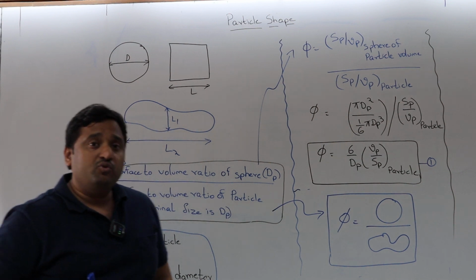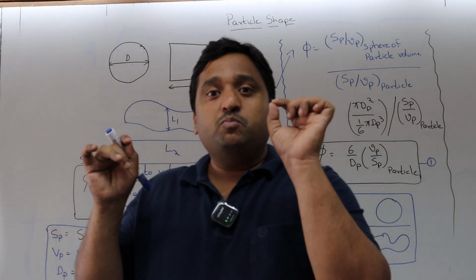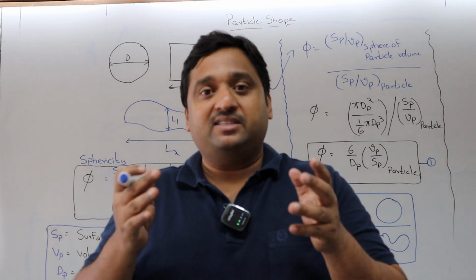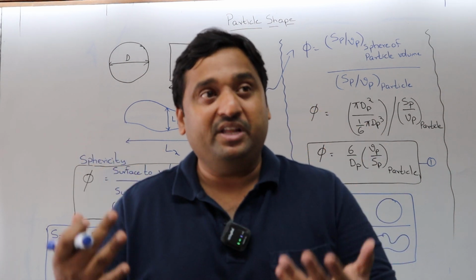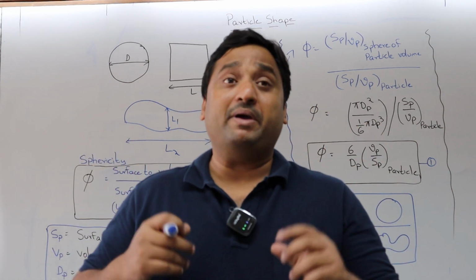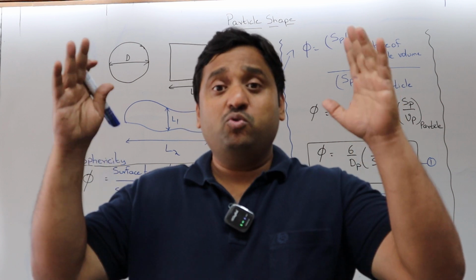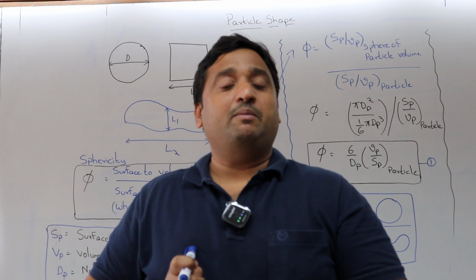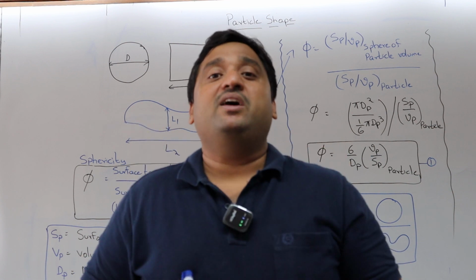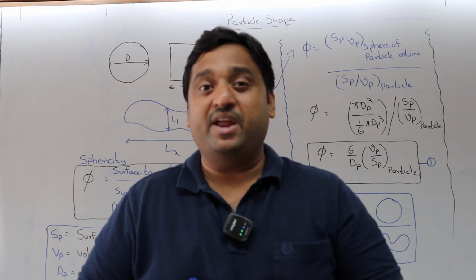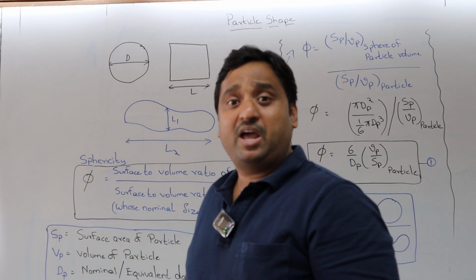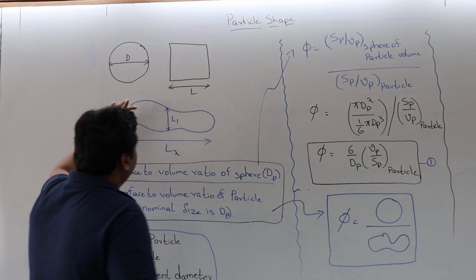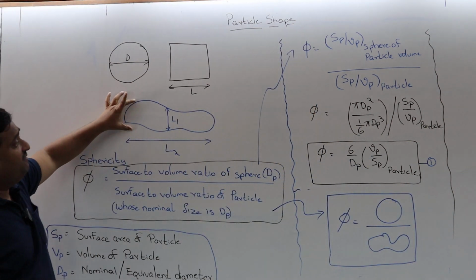As an engineer you normally have to deal with nanomaterials or micron-sized materials. As you go down to smaller dimensions, the shape varies and it is not simple to define. For example, the shape I have drawn on the board is very random.